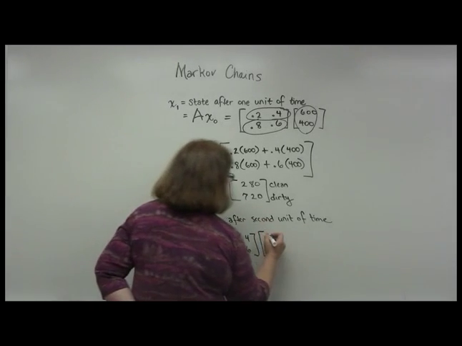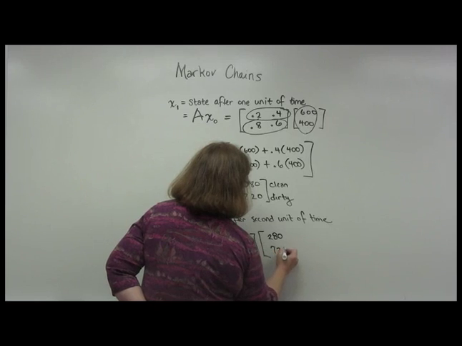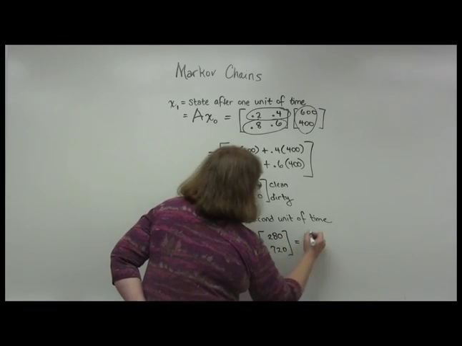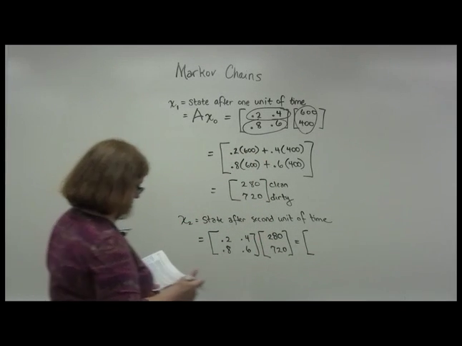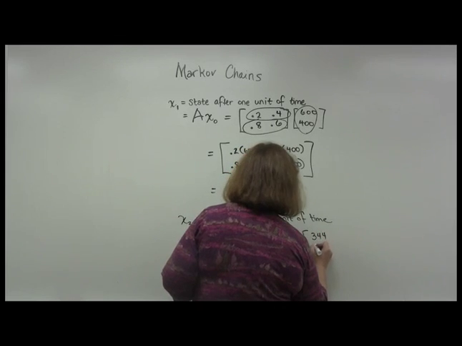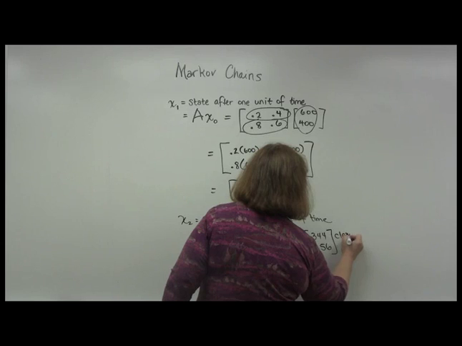I multiply it by the 280, 720. And that's going to give me an answer of 344, 656. So this was clean on top and dirty on the bottom.